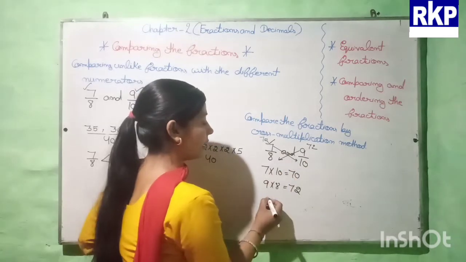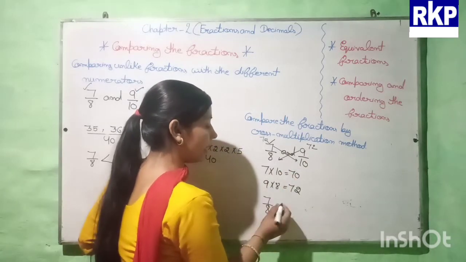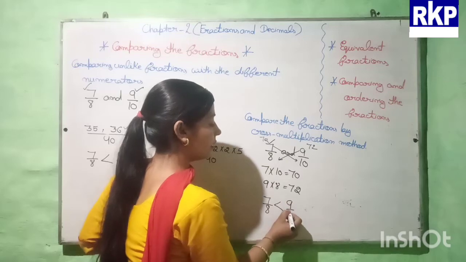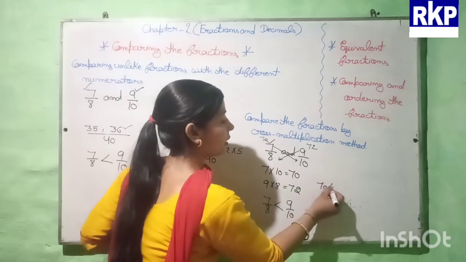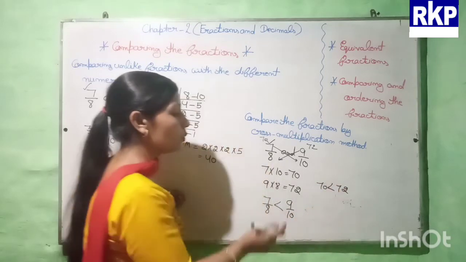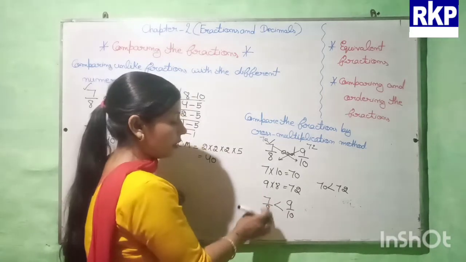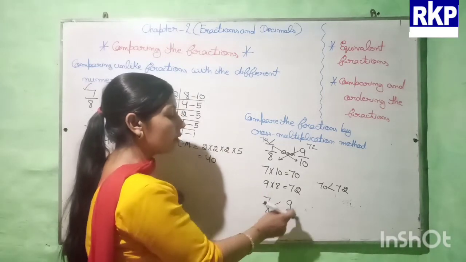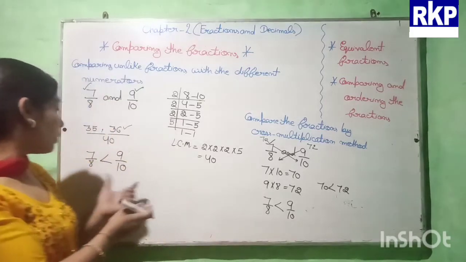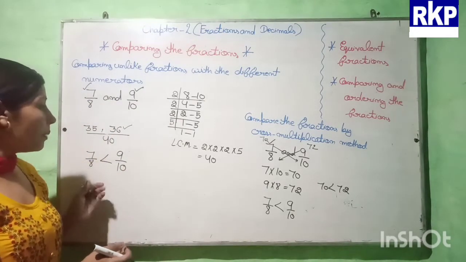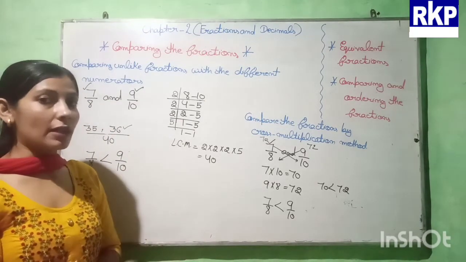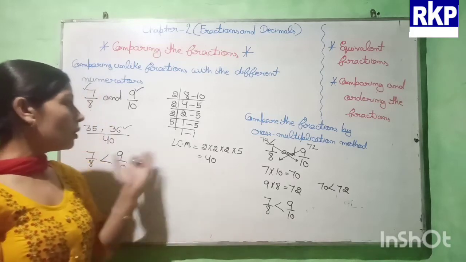So we can say that 7 by 8 is smaller than 9 by 10. And here also you can see by both methods we get the same answer. So you can use this method or that method.